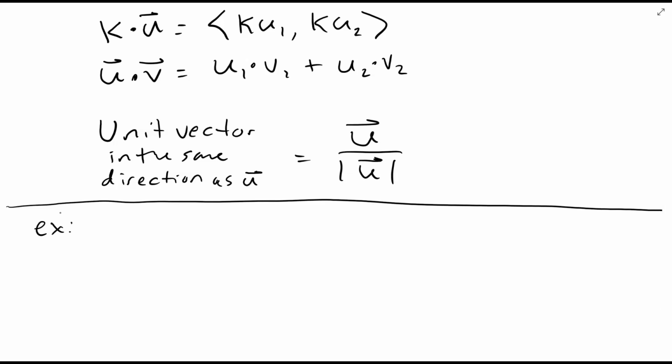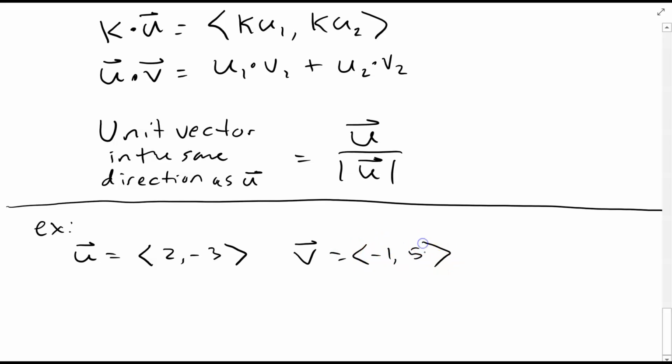So let's start by doing an example. Let's say that we have vector u, that's (2, -3), vector v, that's (-1, 5), and vector w, that's written as 8i plus 4j.